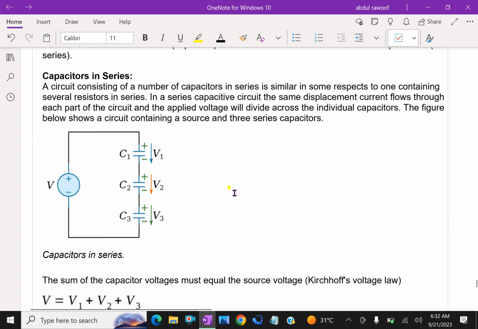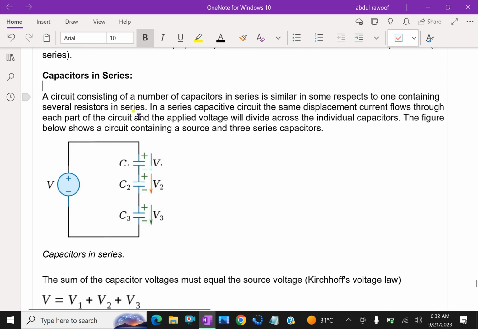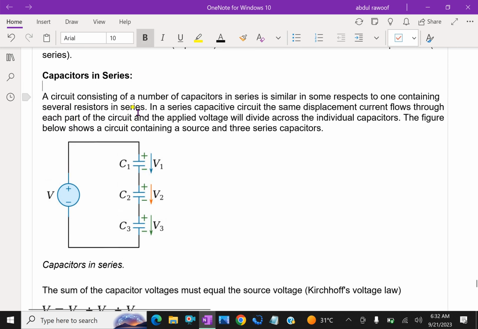Now we will discuss capacitance in series. A circuit consisting of a number of capacitors in series is similar in some respects to one containing several resistors in series, like this.